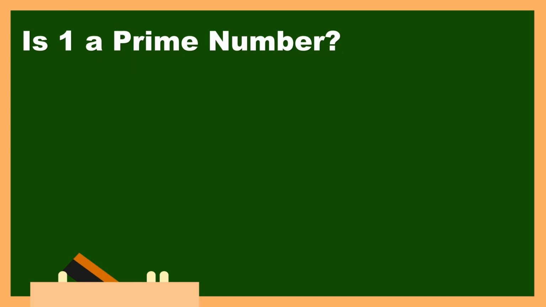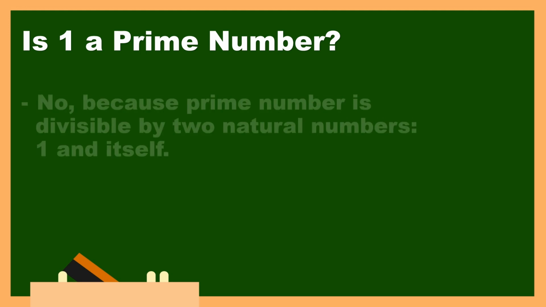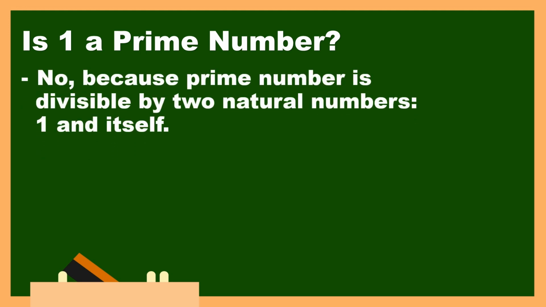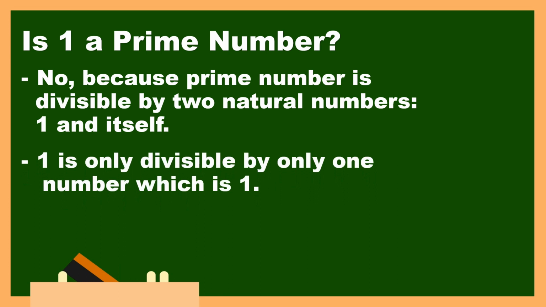Ang tanong, ang 1 ba ay prime number? No, dahil ang prime number ay divisible by 2 natural numbers. Yung natural numbers na yon ay 1 at ang kanyang sarili mismo. Ang 1 ba ay divisible by 2 natural numbers? The answer is no, because 1 is divisible by only 1 number, which is 1.